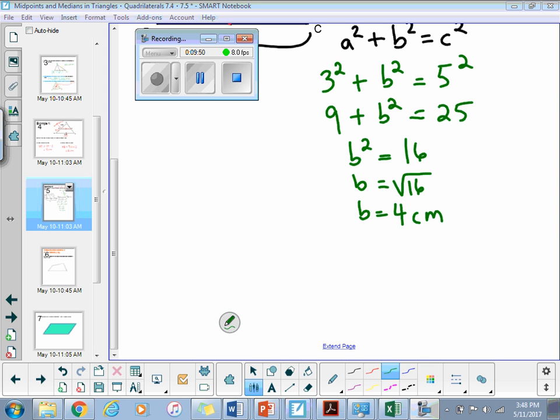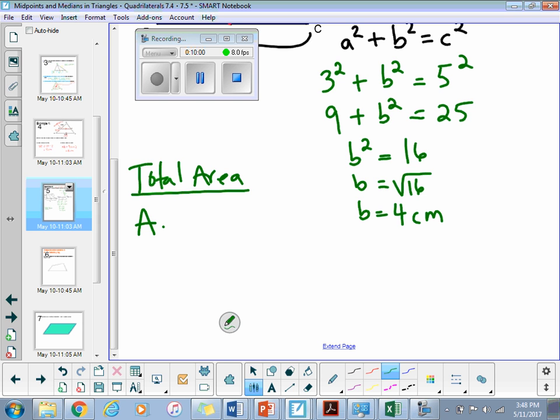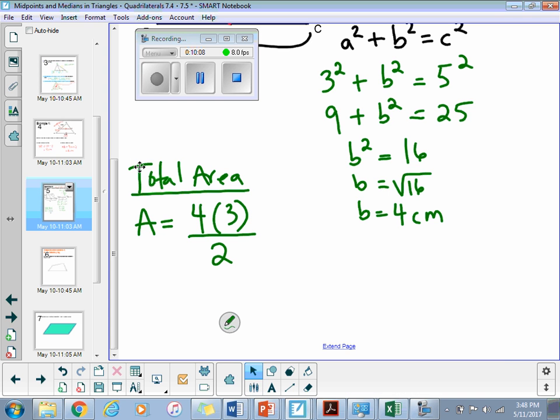Okay, now that you know that b is equal to 4 centimeters, we can find the total area of the original triangle. And so that would be 4 times 3 divided by 2, right?